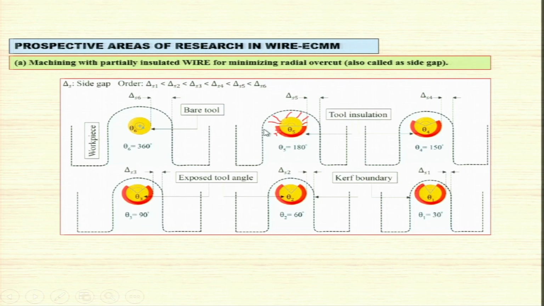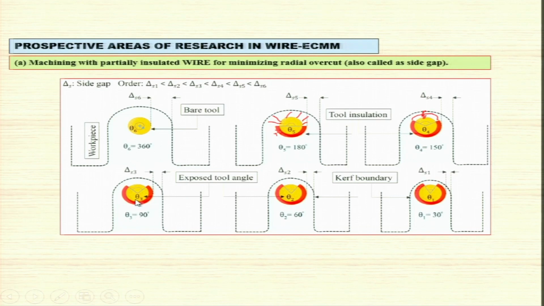So the kerf width decreases, first thing, and second thing, accuracy improves in this particular case. But if you insulate to, say, 150 degrees, then only this portion is removing the material, only in this portion current flows like this, so you get better accuracy.